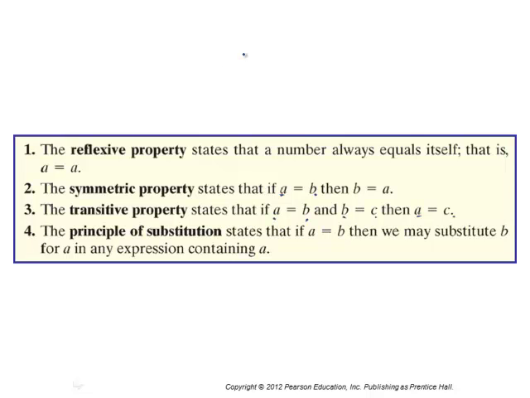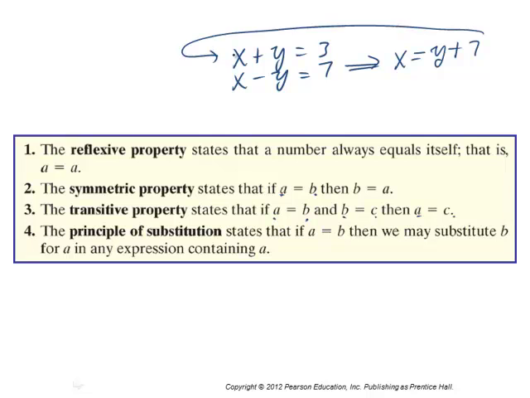So, for example, if you have x plus y is equal to 3, but x minus y is equal to 7 or something, well, you could take one equation and solve for x, and then, so if x really is equal to y plus 7, then you can plug that into the other equation. And now, you see this x right here, replace that by y plus 7. So you have y plus 7 plus y is equal to 3. And now you can go ahead and solve for y.